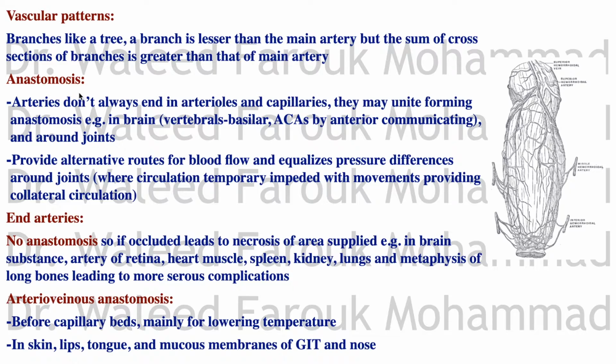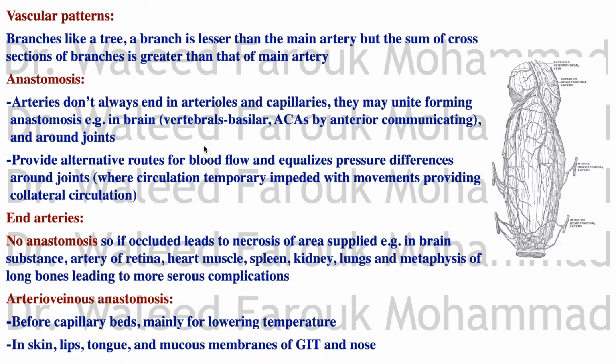We have what is so-called anastomosis, meaning the blood vessels join together. The blood vessels don't always end in arterioles and capillaries. They may unite, forming anastomosis, like, for example, when you studied the shoulder, the knee, the ankle, we have anastomosis around these joints.